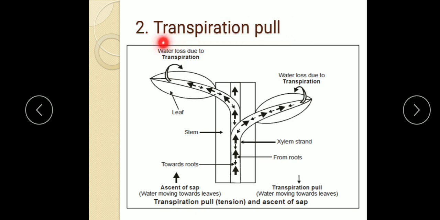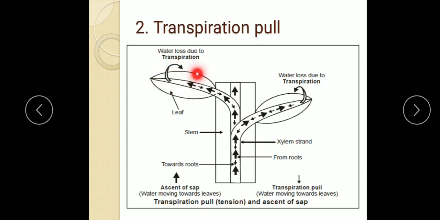Okay, transpiration pull, as it is clear from the name, the pull force created due to the transpiration. Transpiration, as you know, is loss of water from the surface of leaf. So in transpiration, water vapor escapes from the surface of leaf. So this also creates a force or a pull. How it is there, I'll explain you.